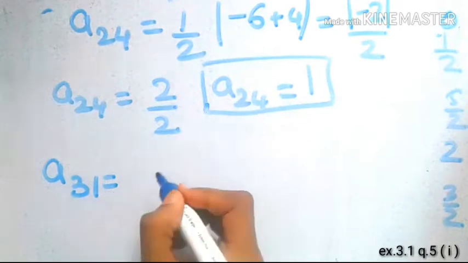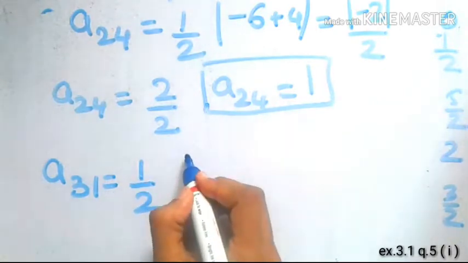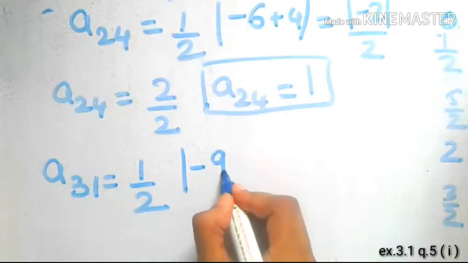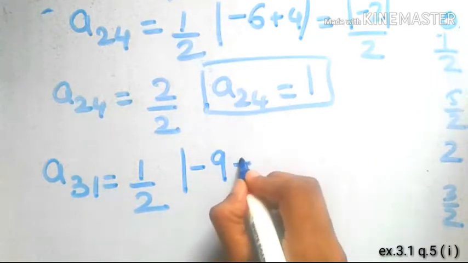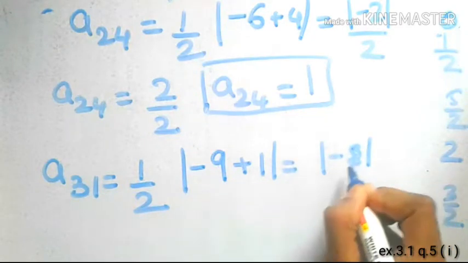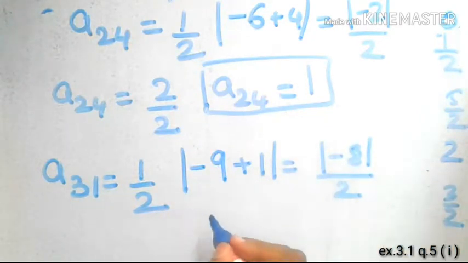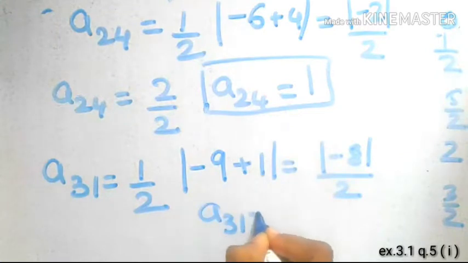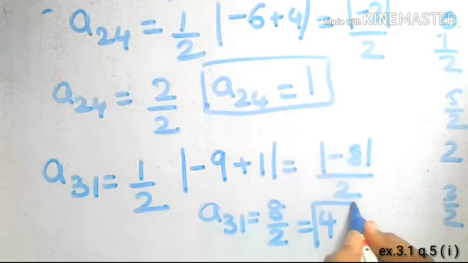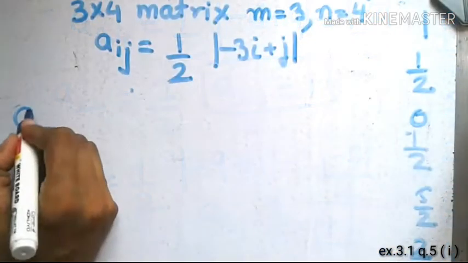Once again, let me substitute. Half into mod of minus 3 into 3. 3 multiplied by 3 I'll get as 9. So minus 9 plus 1. So I'll get mod of minus 8 by 2. So A31 is 8 by 2, which I'll get as 4. So A31 is going to be 4.